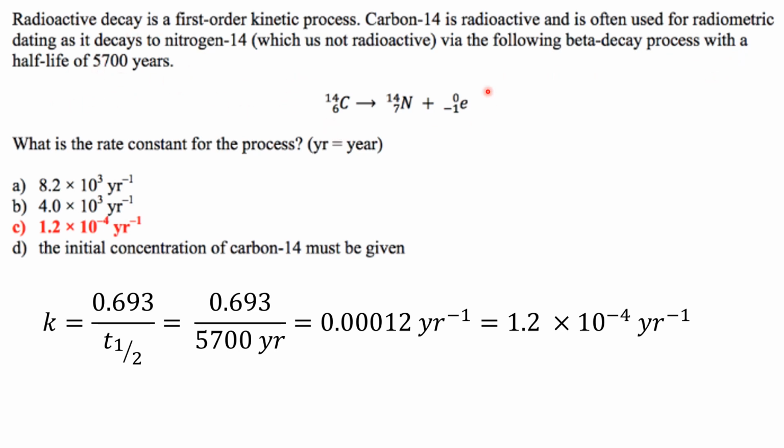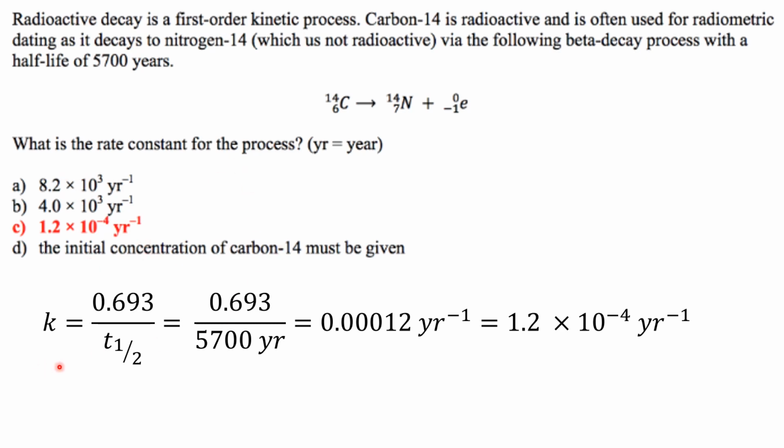So this is the equation given for the radioactive decay of carbon-14, where it's changing to nitrogen-14 with a beta decay. Now the question is, what is the rate constant for the process? The information given to you is only the half-life of this radioactive decay, and they have told you that this decay is a first order kinetic process, and they have given the options and you have to select which one is the correct option.